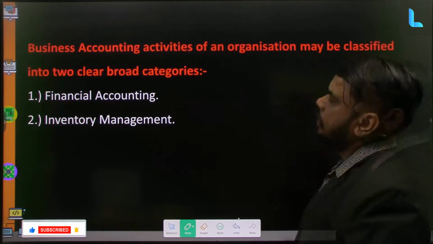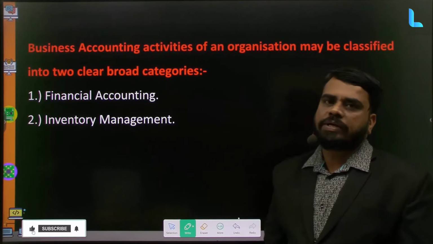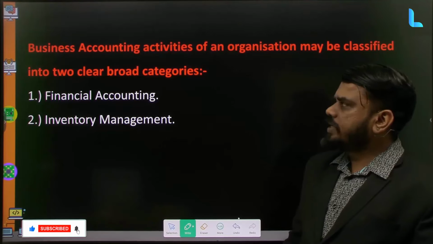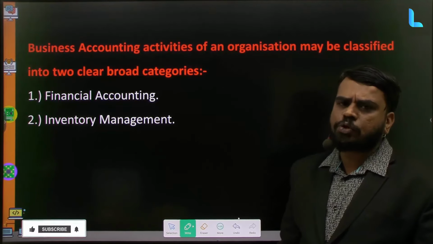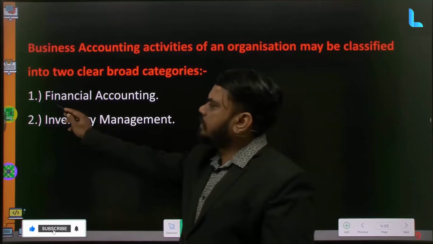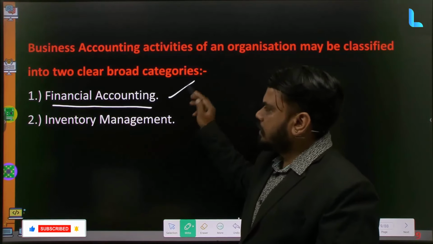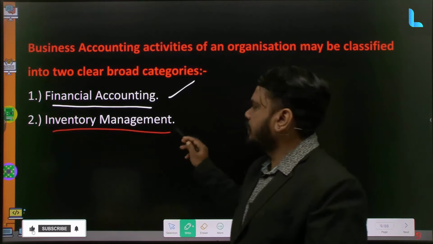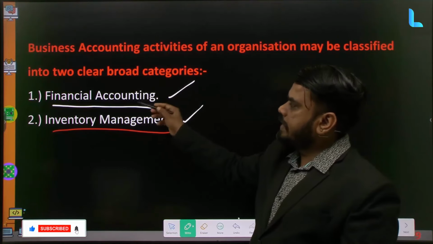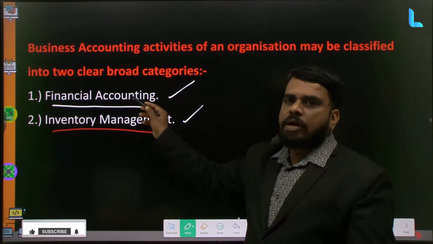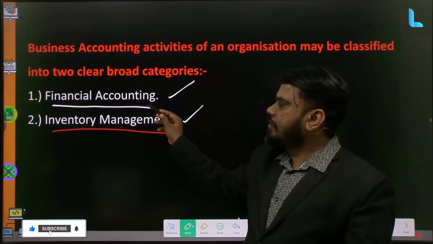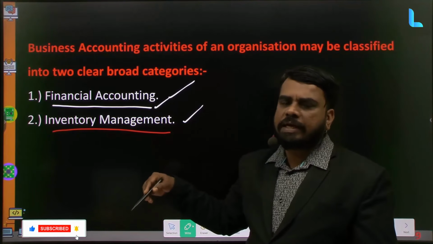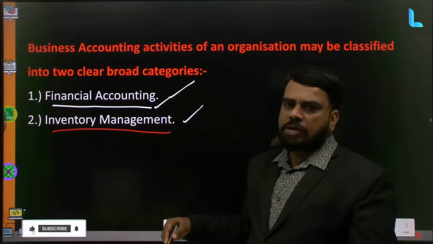Next, now we will discuss business accounting. Business accounting is categorized into two categories. One is called financial accounting. The other one is known as inventory management. Related to money transactions, debit, credit, everything, we take care of under financial accounting.